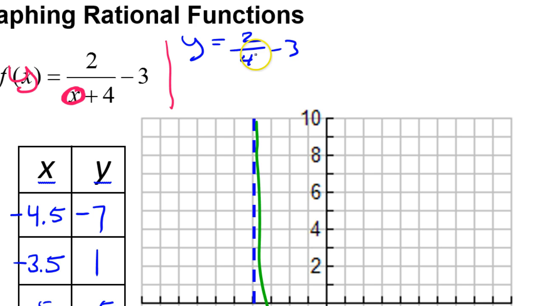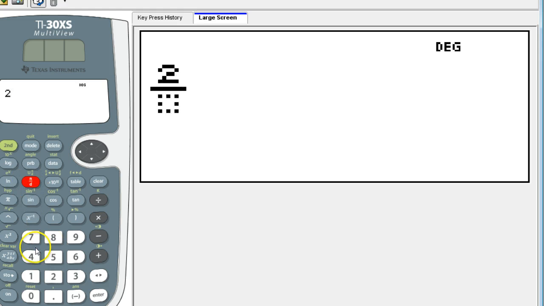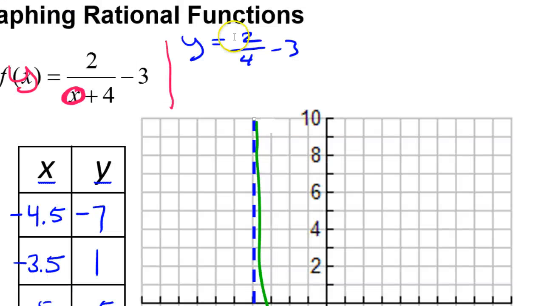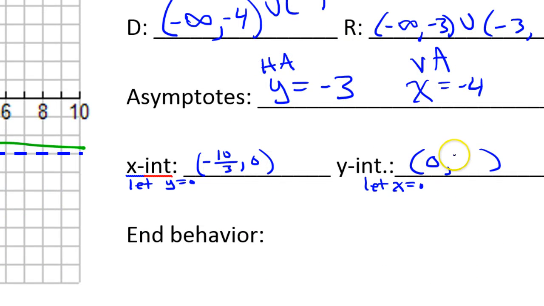I'm just going to put this in my calculator. Yes, I know that's 1/2. So that's negative 5 over 2. Okay, so that gives me that the y-intercept is going to be 0 comma negative 5 over 2.